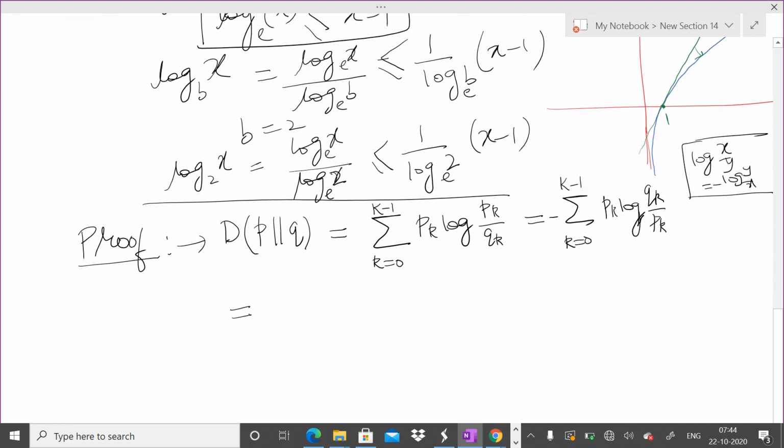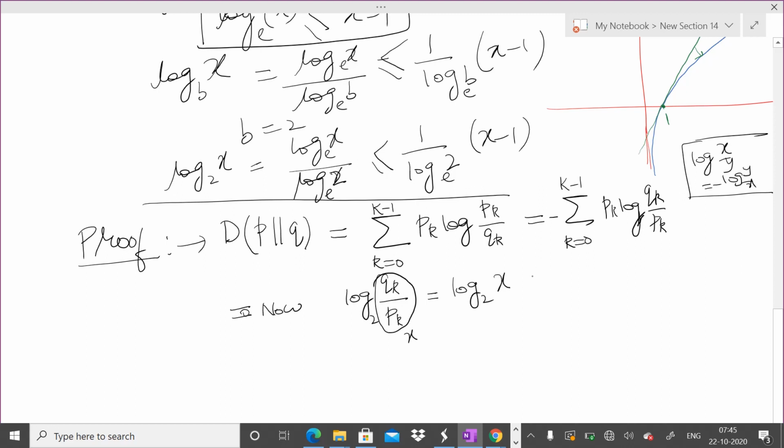Now look at this. So now log of qk over pk, if you take this as x, it is base 2. So you can write it as log of x to the base 2.